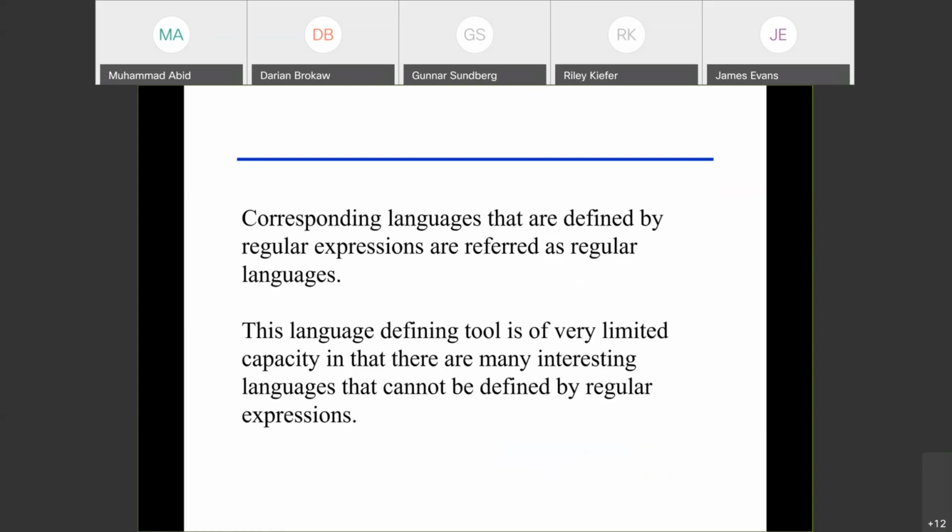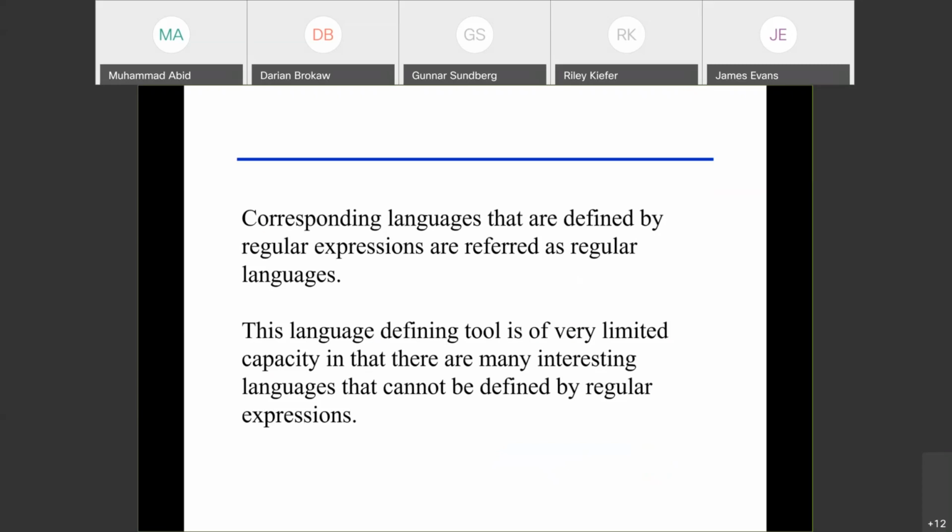So this language defining tool is of very limited capacity in that there are many interesting languages that cannot be defined by regular expressions. It is only used to define the regular languages. It does not have the capacity to define any language other than regular languages.